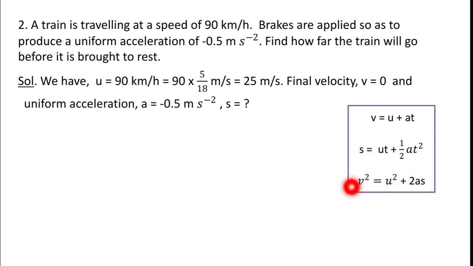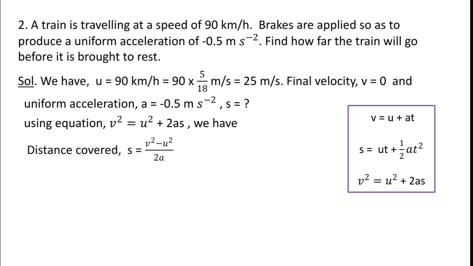Now the equation v square = u square + 2as is applicable because it contains all the variables v, u, a and s. So we use the relation v square = u square + 2as.